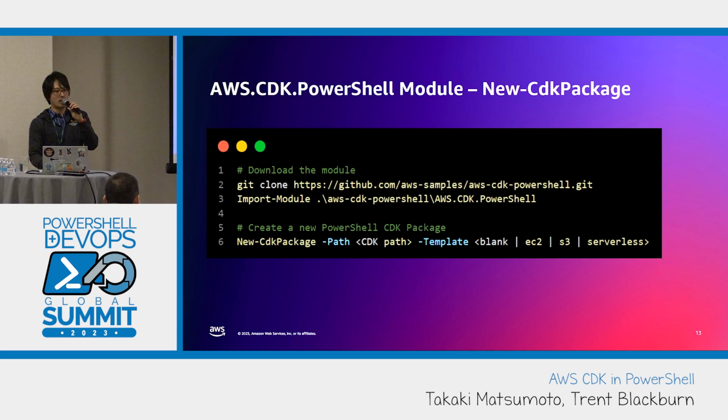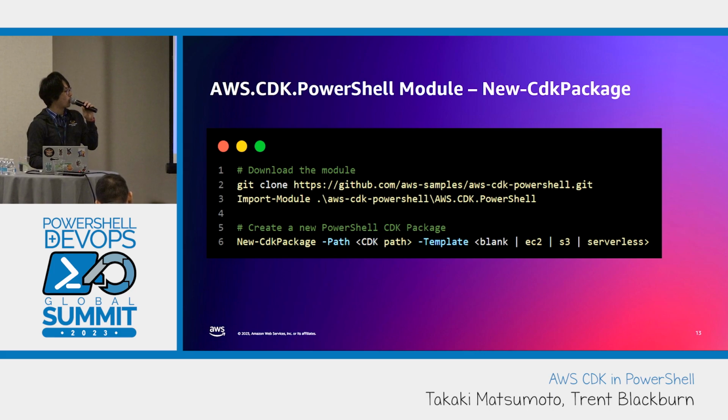Just because the CDK CLI doesn't support PowerShell as one of the target languages, this function works around the process for you by downloading the dependencies you need for CDK and then creating the sample files for you. So that's pretty much it. It's a pretty simple function.